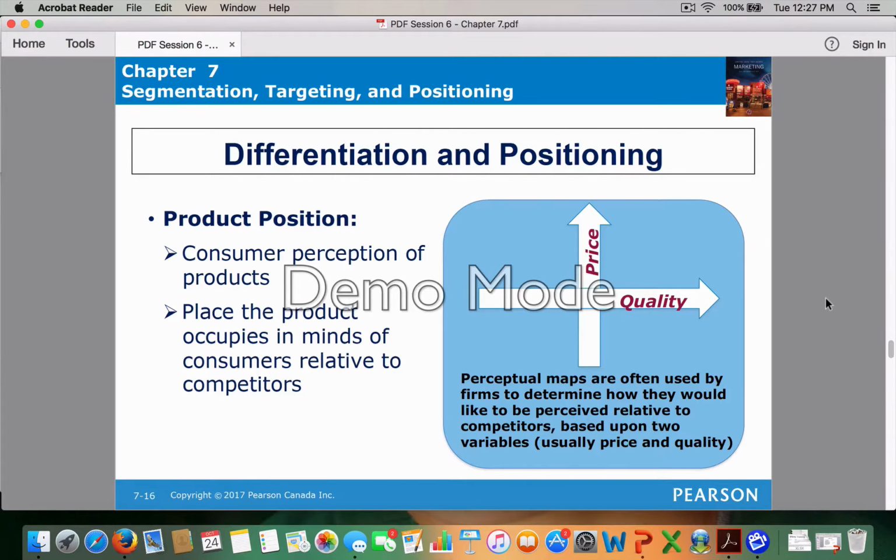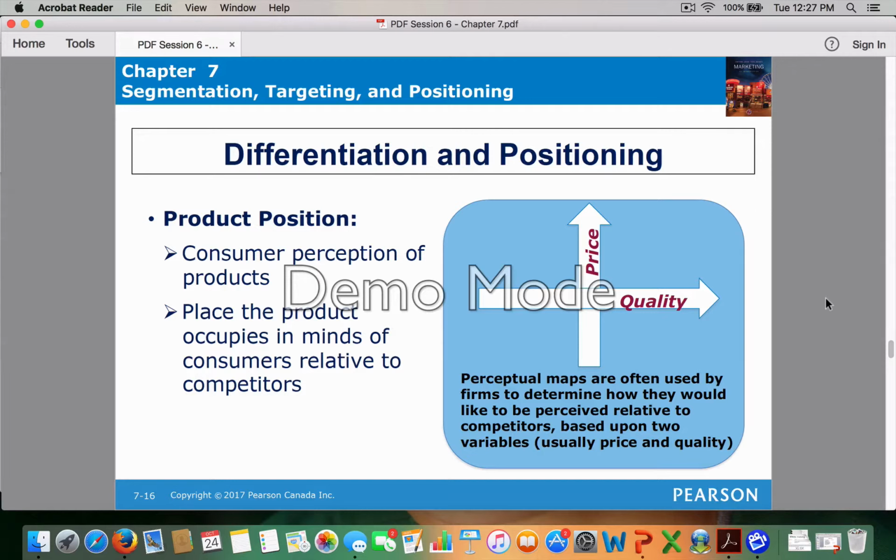It could be innovation and price. It could be any two variables that are important to your particular product category, and you create basically a map, a matrix, and you map yourself along with your competition based on where you are on the scale.